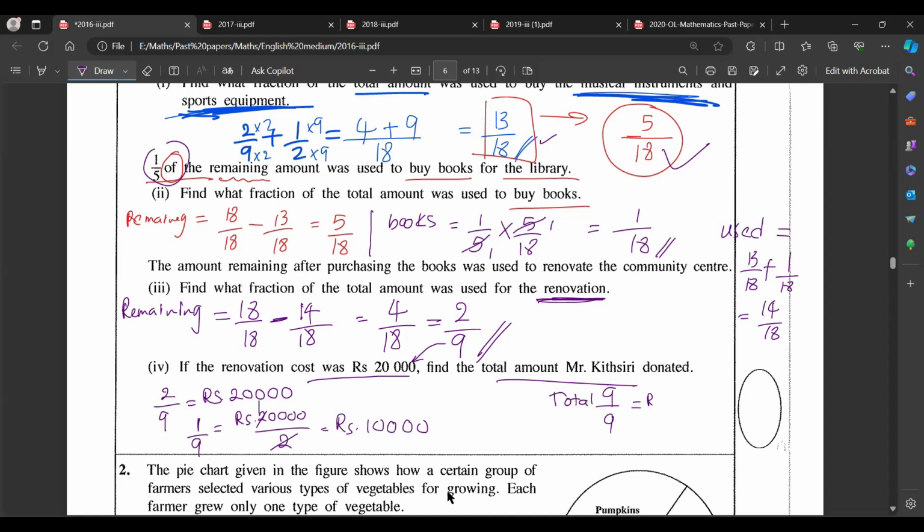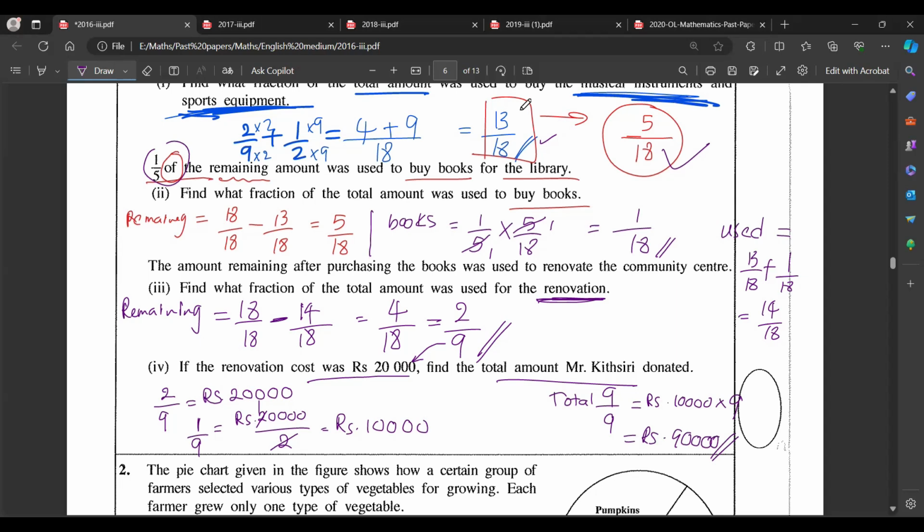So total should be 10,000 multiplied by 9. So total value is 90,000. They are to use 90,000 as the total cost.